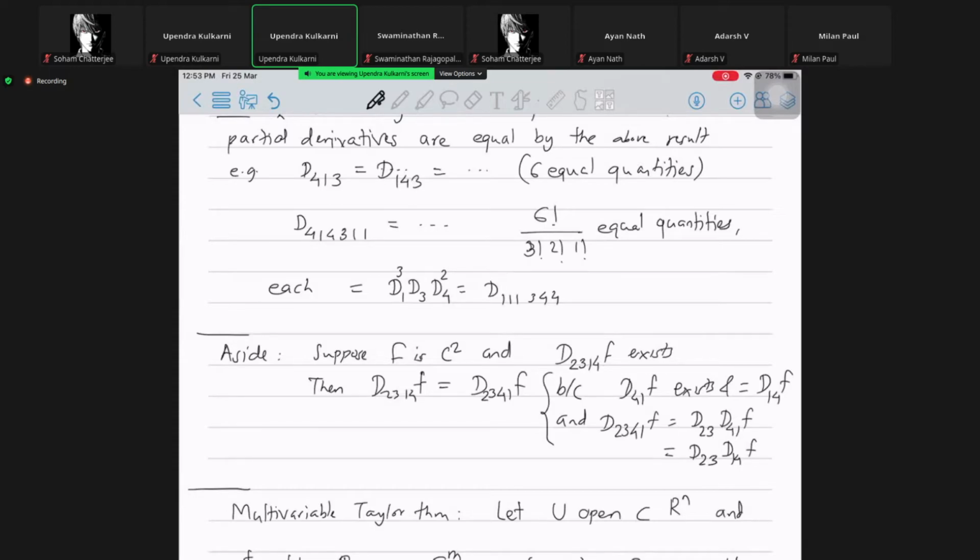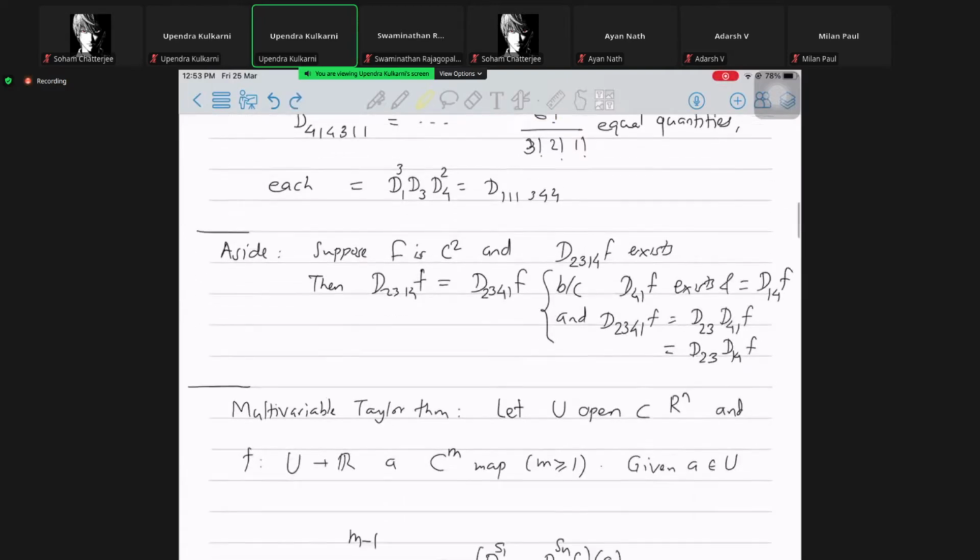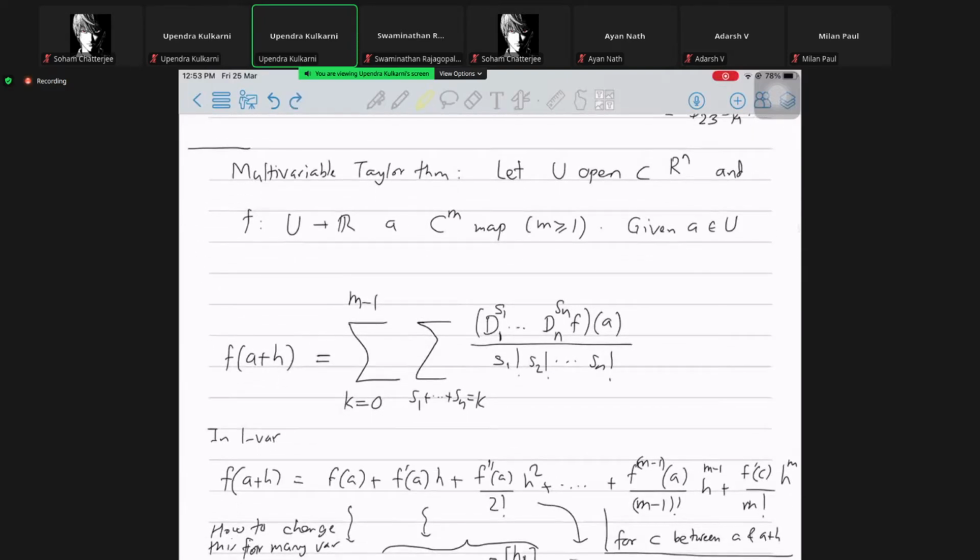So you see, but when I'm dividing it by 6 factorial, the number of terms that are coming of that type are 6 factorial divided by 3 factorial times 2 factorial times 1 factorial. No? So when I just gather all of these terms together, the divided by 6 factorial will cancel with this 6 factorial, and I will simply get this term left in the denominator. That's what I have.